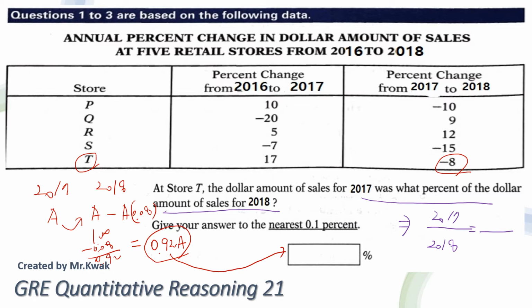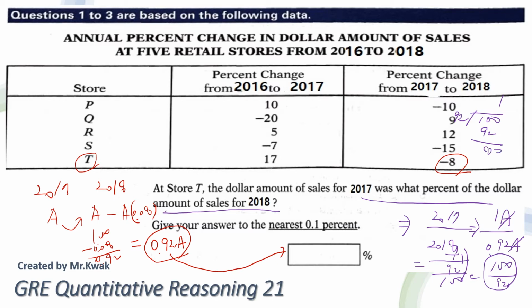So the denominator could be 0.92A, and 2017 could be just A. So in that case, like this way, we can just calculate, guys. How much is it?